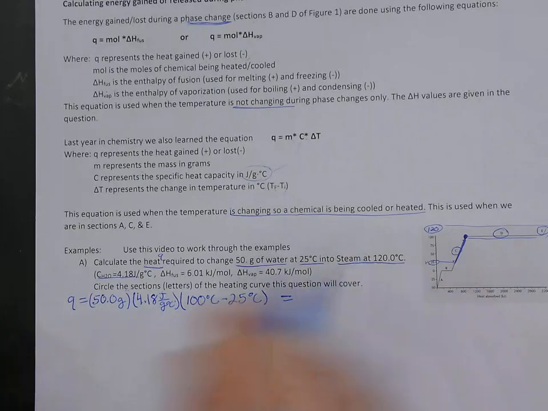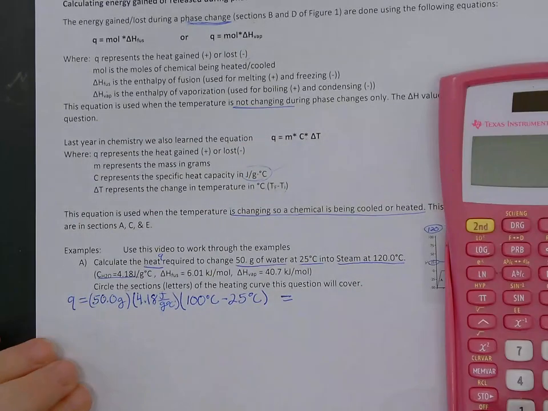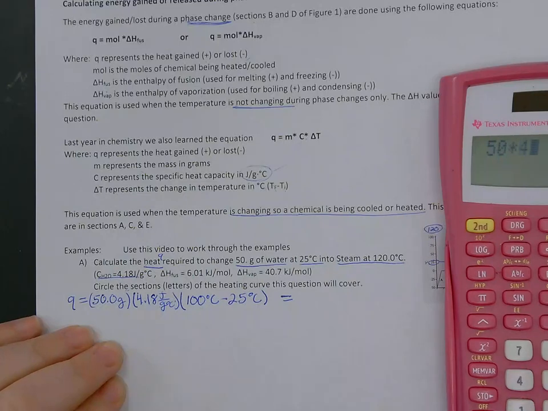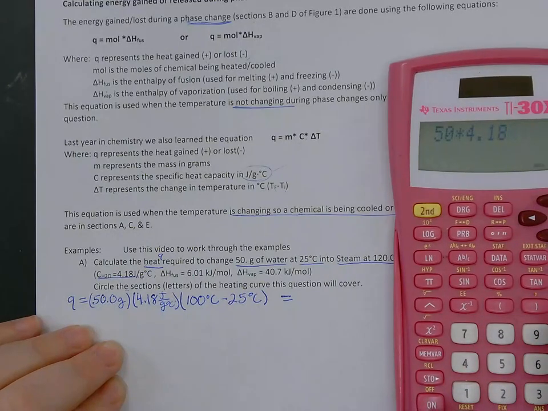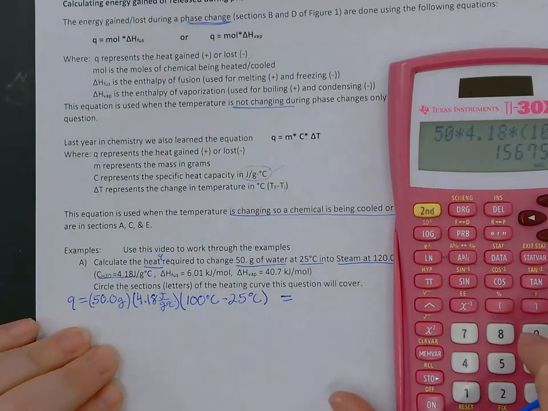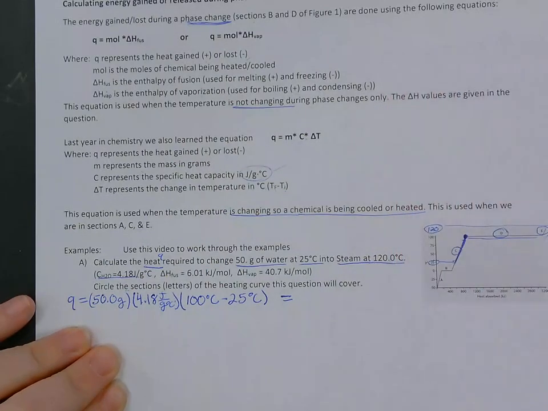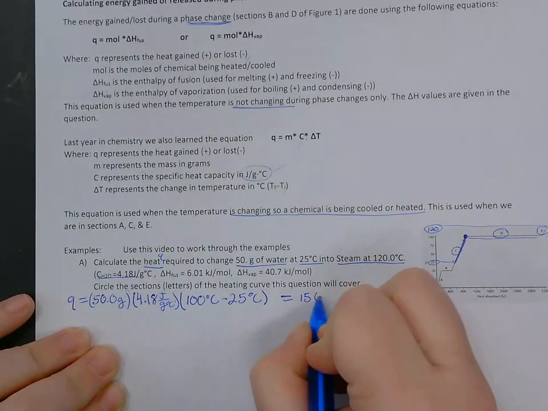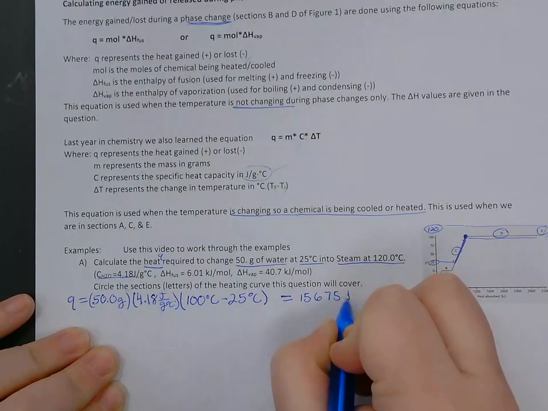All right, and I'm going to go ahead and calculate that value. So we've got 50 times 4.18 times 100 minus 25. And we get 15,675 joules of energy.